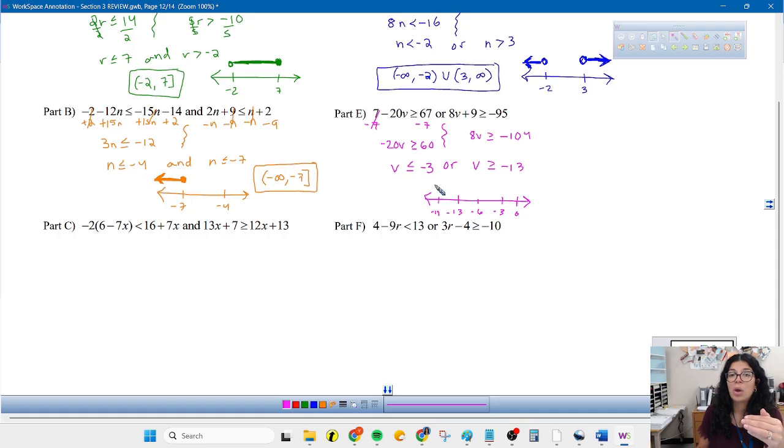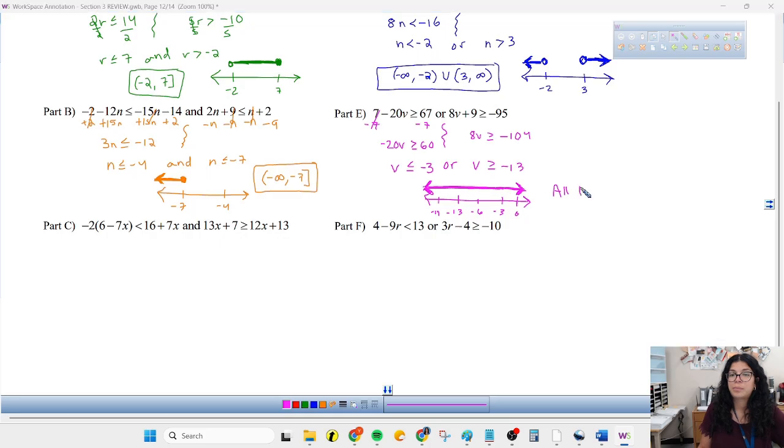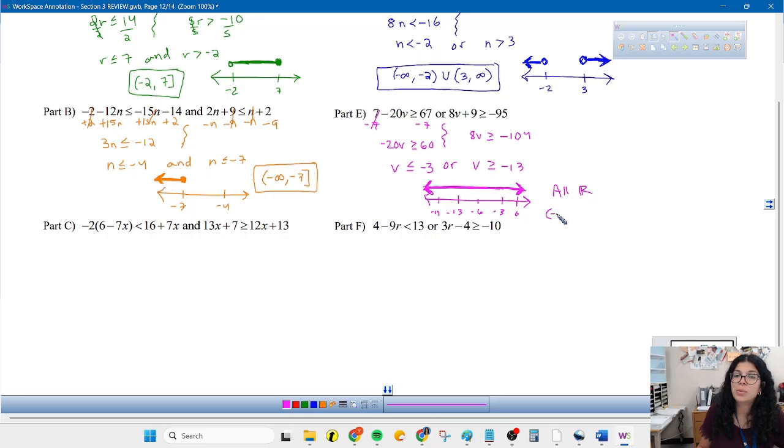So this is actually all real numbers. I would shade the entire number line because every single number would either be less than or equal to -3 or greater than or equal to -13. So this is all real numbers, which in interval notation would be -infinity to +infinity.